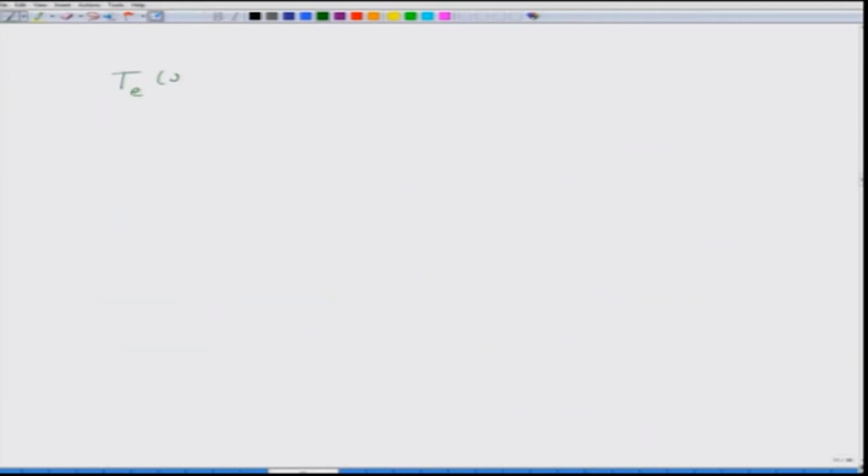T^e(r) is equal to summation of T_j^e psi_j(r), j is equal to 1 to n. This is for the eth element. Here psi_j(r) is known, right, it is known, and T_j^e is unknown.